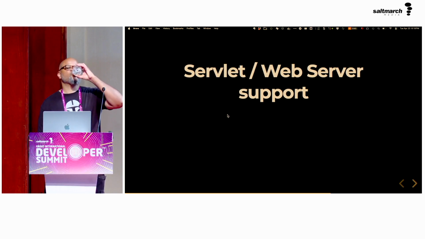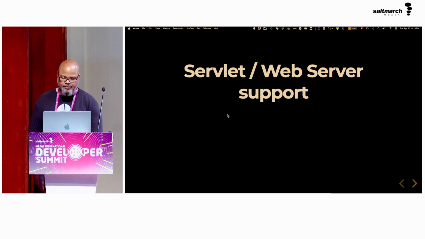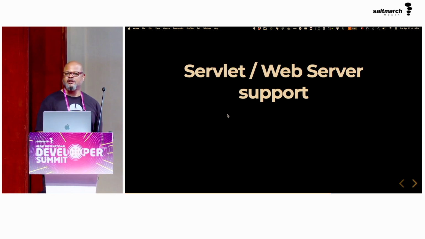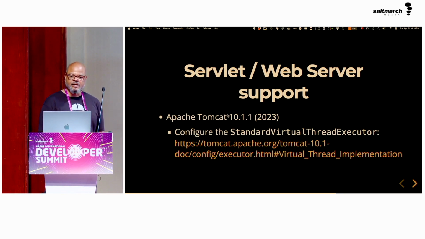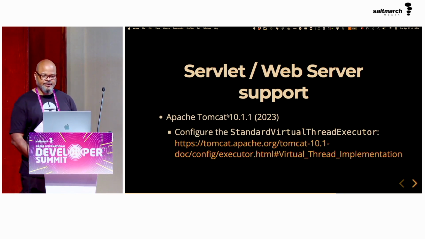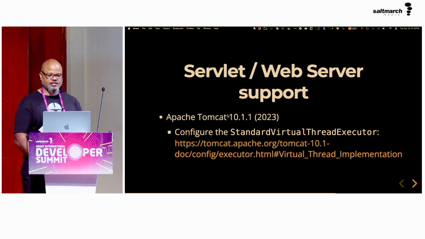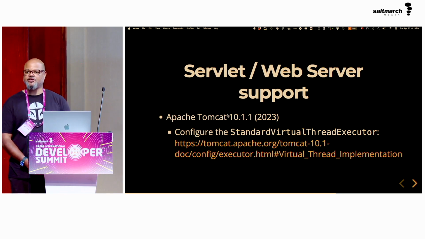So if you start with the lower level, if you look at the actual web servers or server API servers, you can actually turn on virtual threads today. In Apache Tomcat 10.11 and higher, you can just configure the standard virtual thread executor.